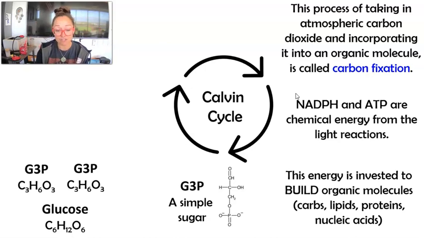Now, G3P, like I just mentioned, can be used and converted into lipids, proteins, as well as nucleic acids. So the Calvin cycle literally is the process and the reactions that take air, carbon dioxide, and then invest energy and electrons and hydrogens and convert that into life, into organic molecules. And that's it. Great job, my wonderful students.